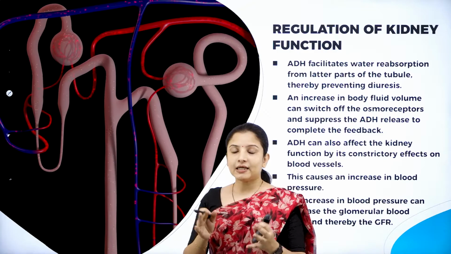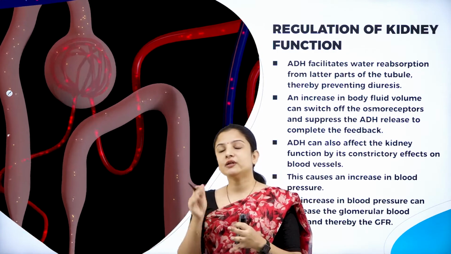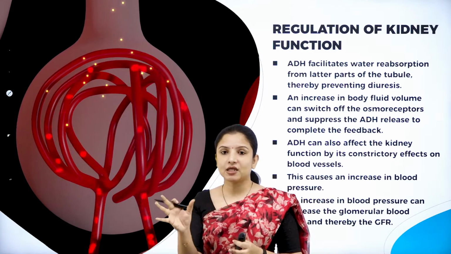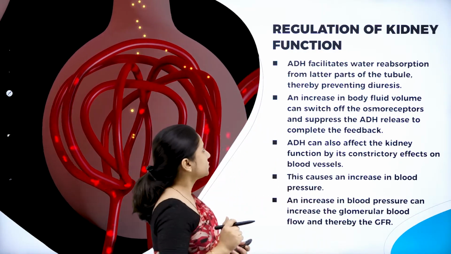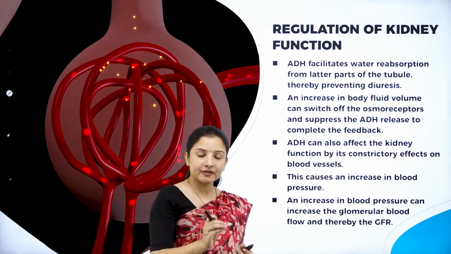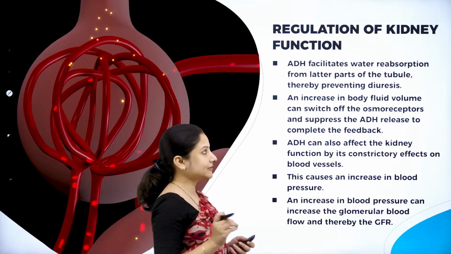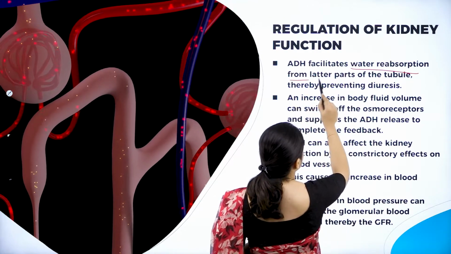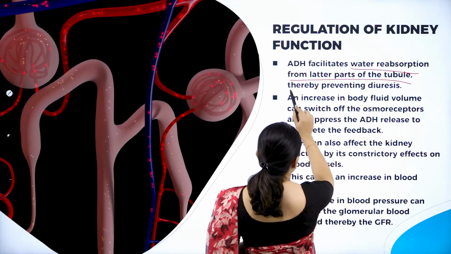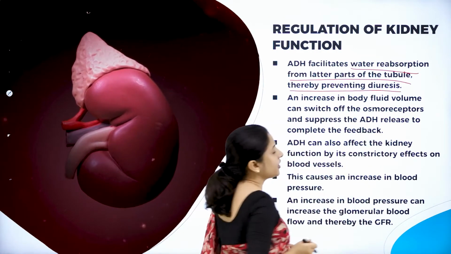Now we know that it has been secreted by the hypothalamus. Now what happens with that? We shall see. When this antidiuretic hormone gets secreted, water reabsorption from the tubule will occur, thereby preventing diuresis.